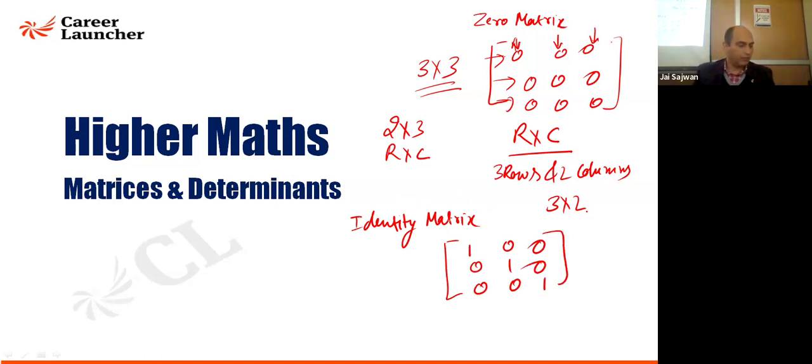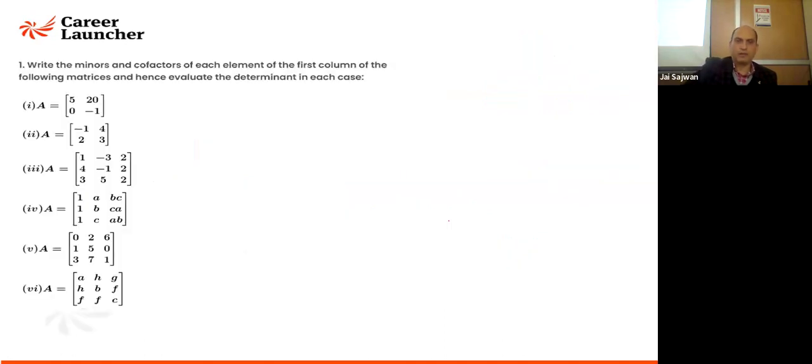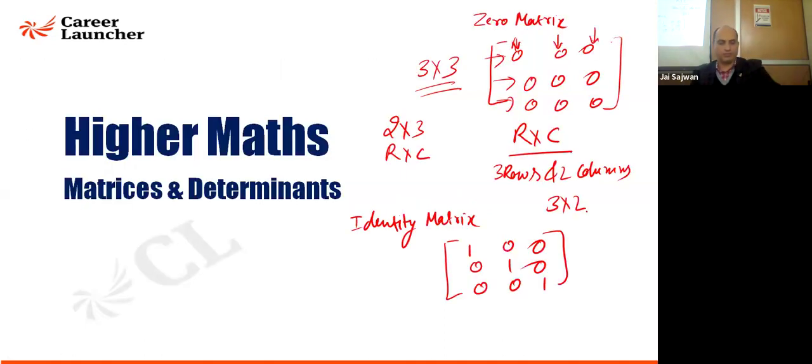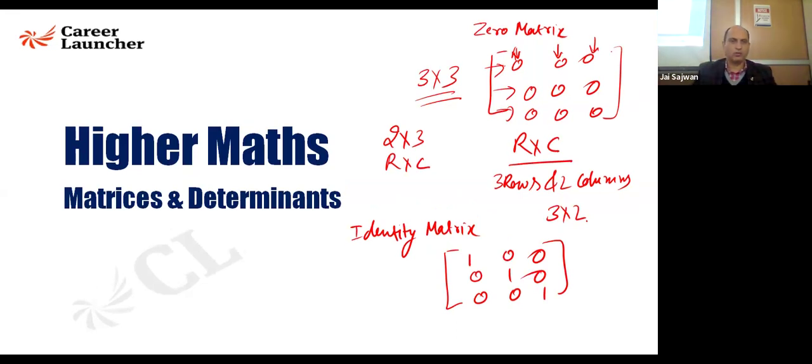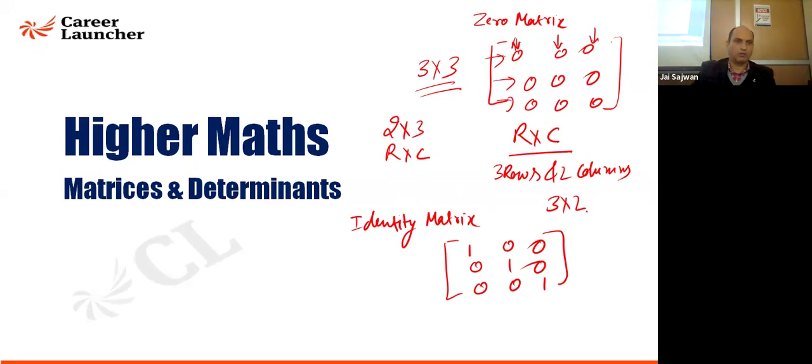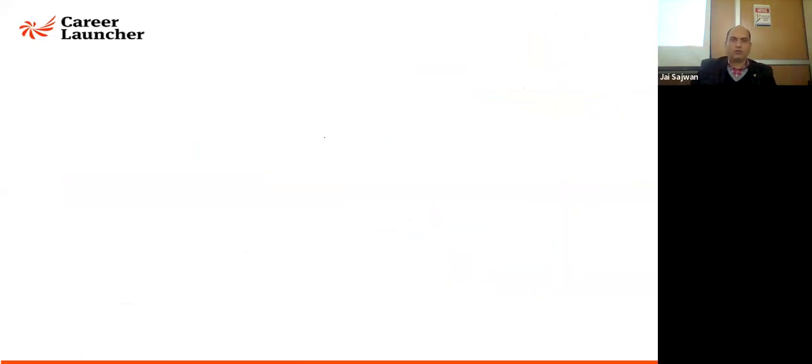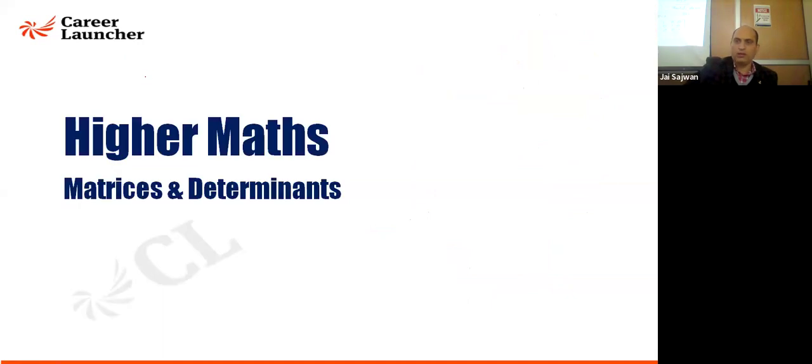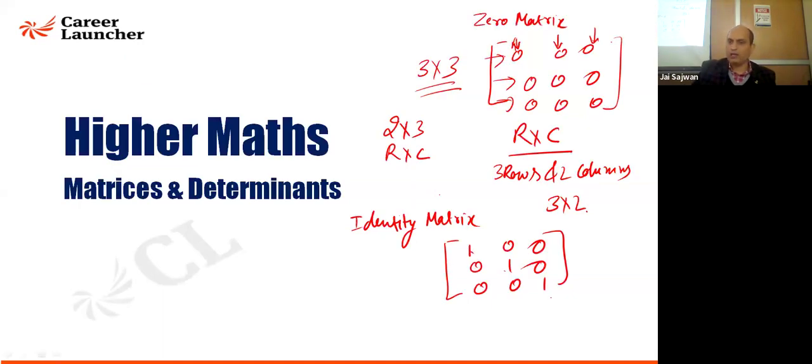An identity matrix is one where only the diagonal values are coming out to be 1 and the rest of the terms are equal to 0. Why is it called that?